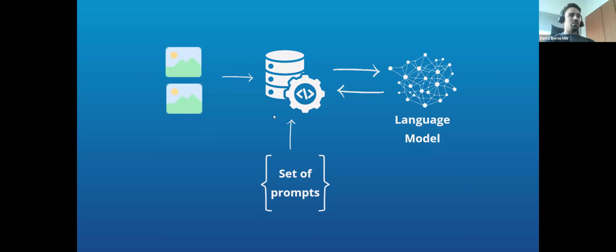Then those two inputs, the images and the prompts, are sent to the language model, which is able to answer and provide the information you want, and store that in a database to then display to a final user or whatever. It really depends on the case, but it's going to look something like this.